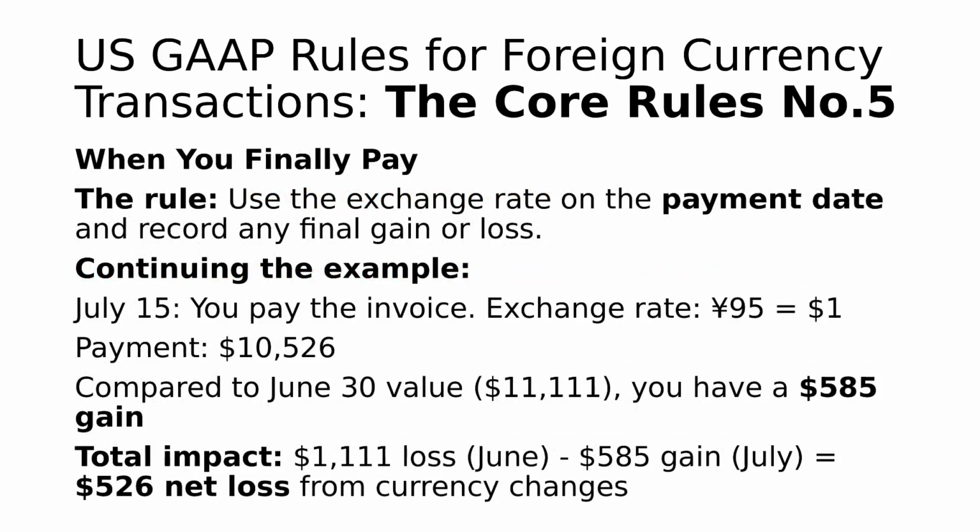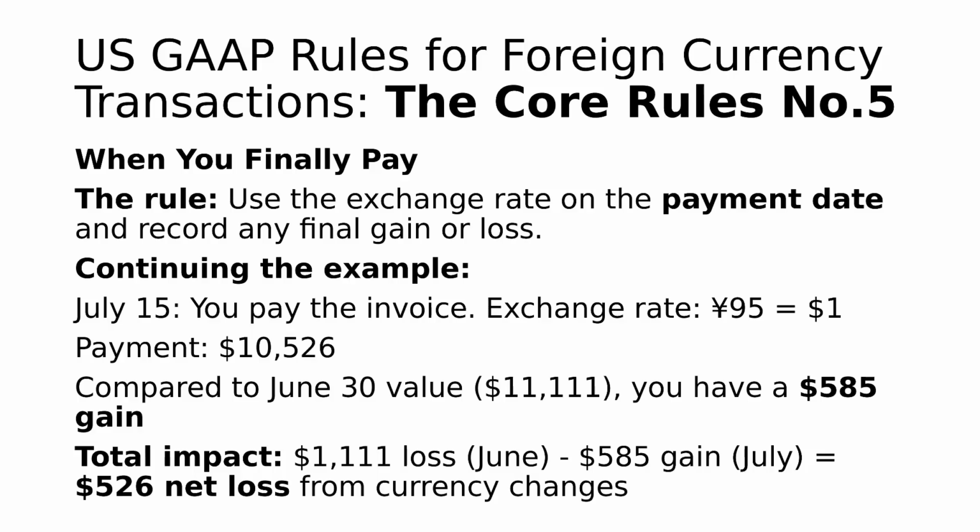Now let's see what happens when you finally pay off that invoice. The rule is straightforward. Use the exchange rate on the payment date to determine any final gain or loss. Continuing our example, imagine you pay on July 15th when the rate is ¥95 equals $1. The payment comes out to $10,526.